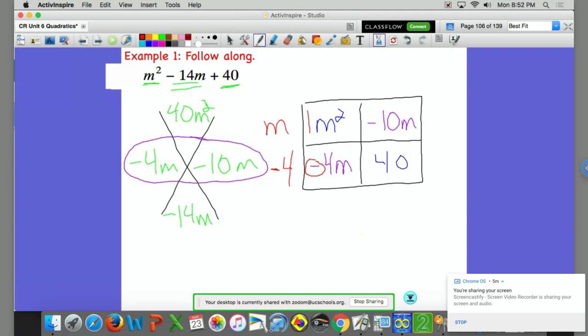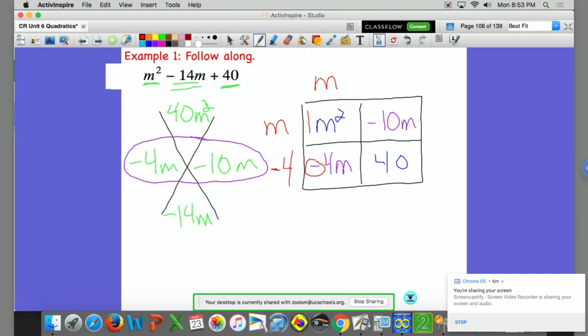So now we go to our rows or our columns up top, and we have m squared and -4m. Well, what they have in common is an m. And then the second row, they have -10m and 40. So once again, I take the smallest number, which is 10, and I ask myself, will that go into 40 evenly? And it will. 10 times 4 is 40.